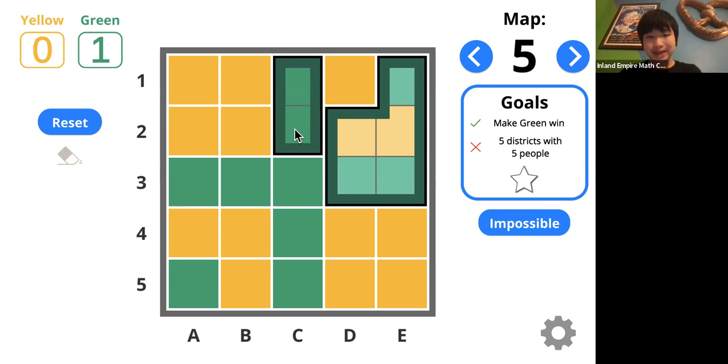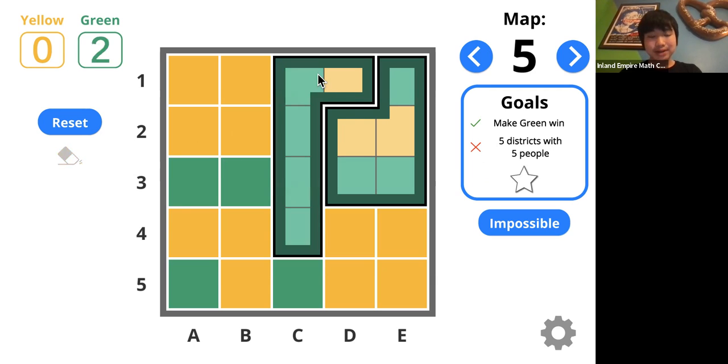For instance, here, this district actually wastes one of the green votes because even if C4, this one right here, was yellow, green would still win. So we are actually wasting one of these votes.